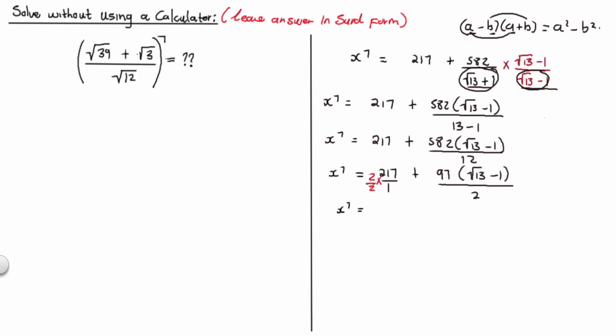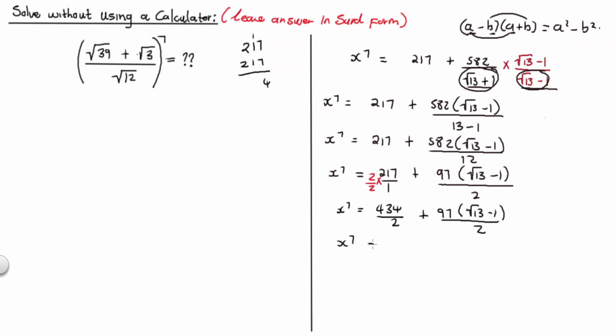So 2 times 217, just to double check, is 434. Then 434 divided by 2 plus 97 times the square root 13 minus 1 divided by 2.